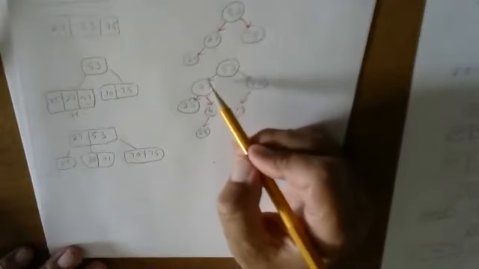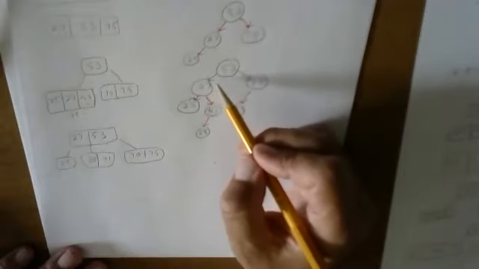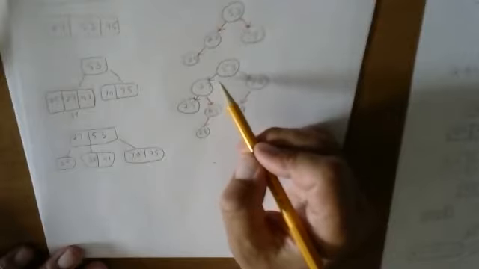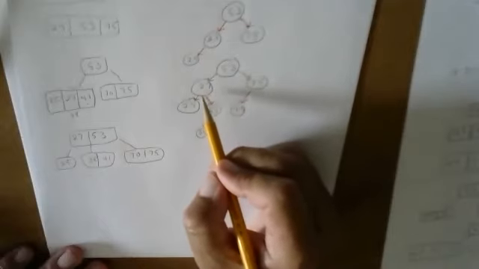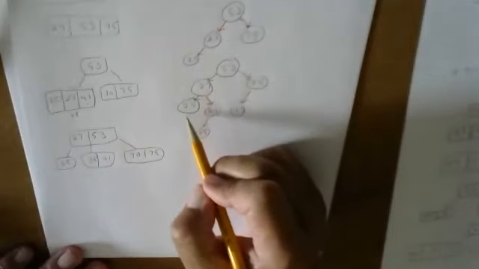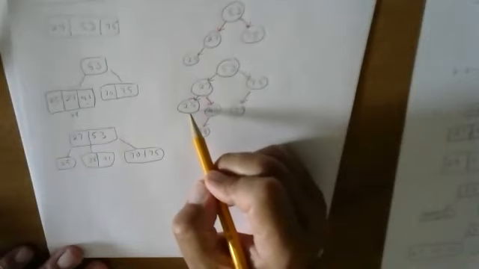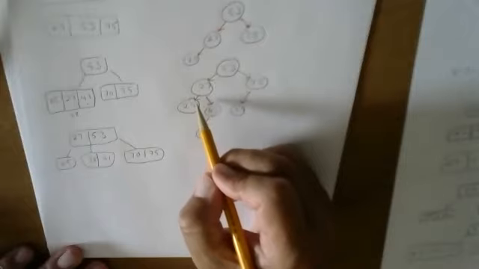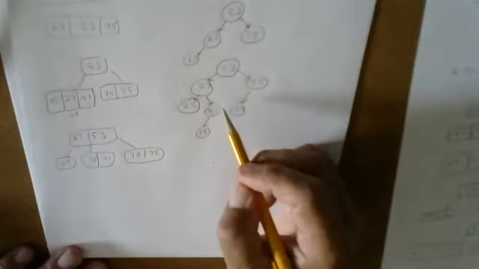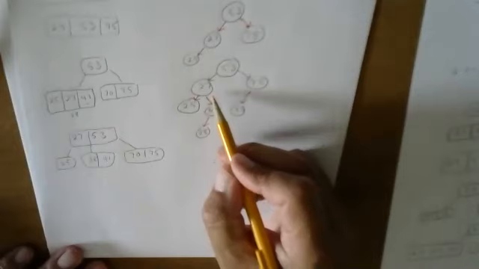This guy is going to turn to a red. Agreed? 27 is going to turn to a red because it's with 53. 27 is now a parent to 25. So this changes to red. This changes to black. Let's see what else is going on.